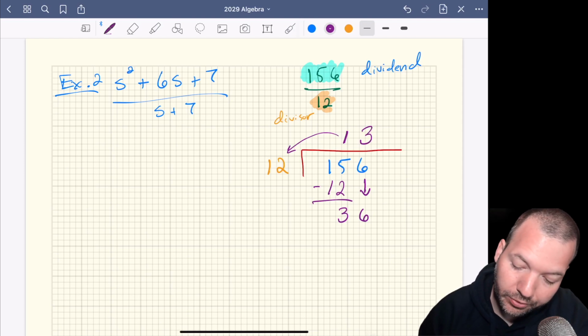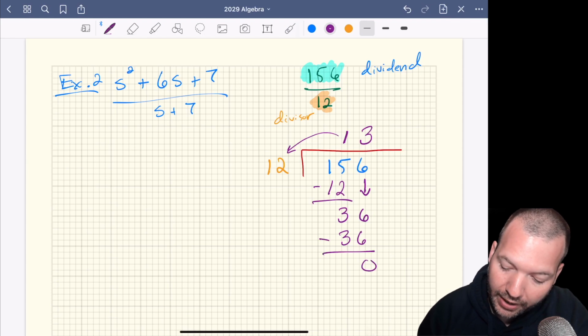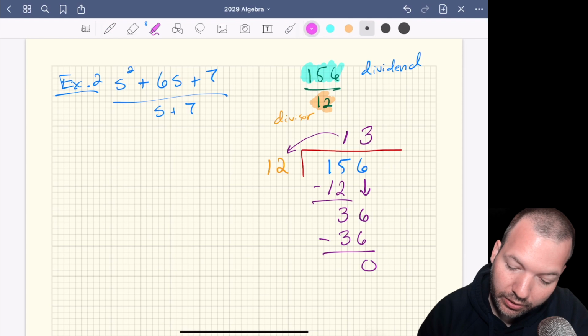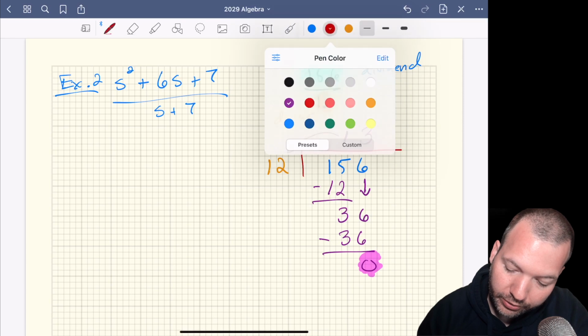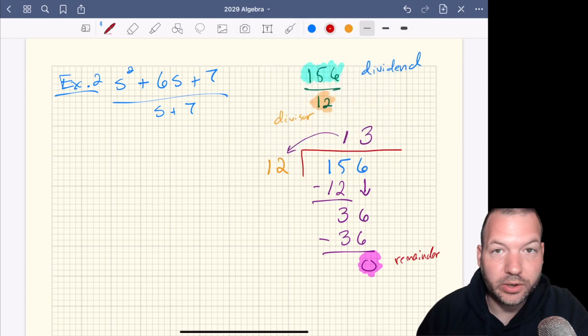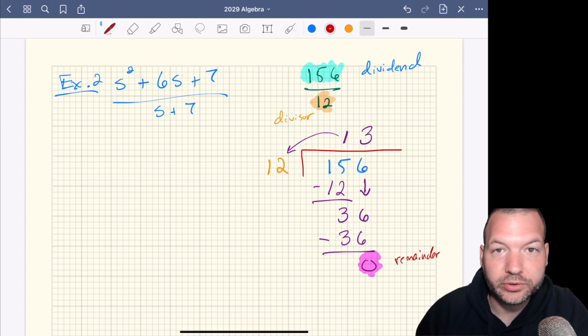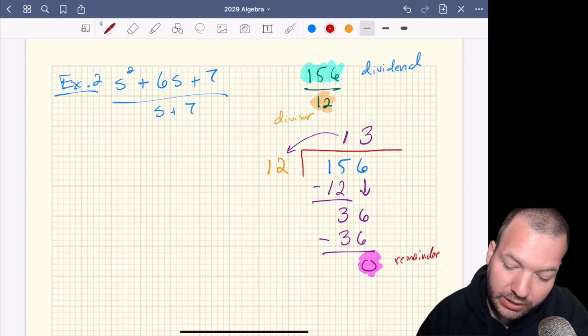Well, let's find out. 3 times 12 is 36, and we subtract, and this right here is what we call our remainder, right? If the remainder is 0, then yes, it goes in exactly. So in this case, 12 is actually a factor of 156 because it goes into 156 exactly 13 times.